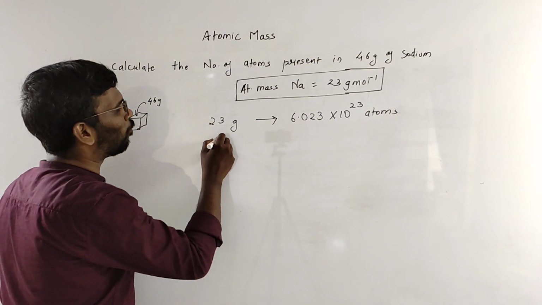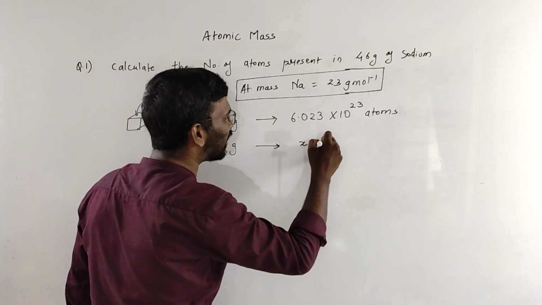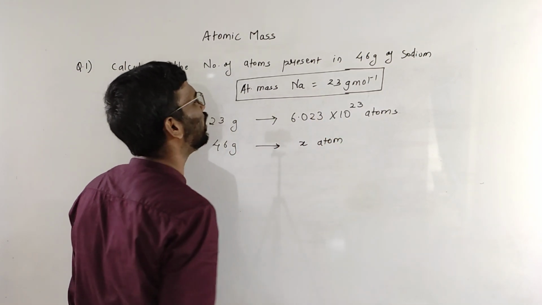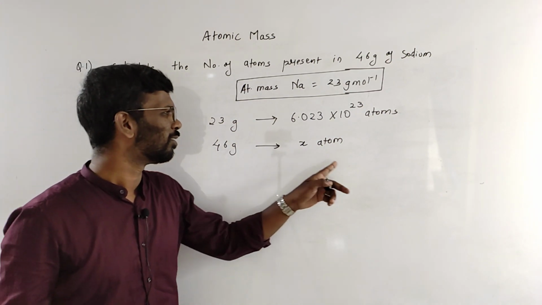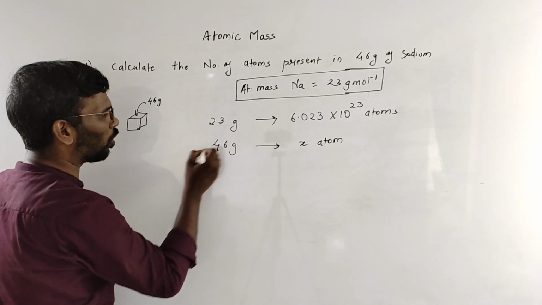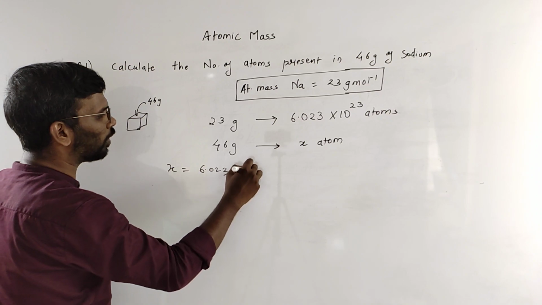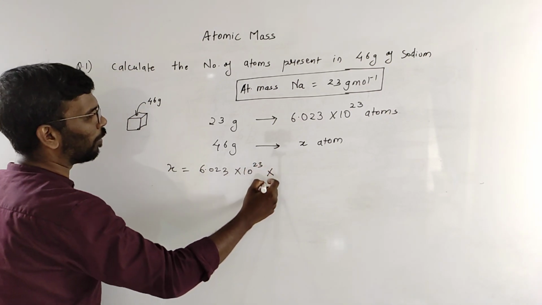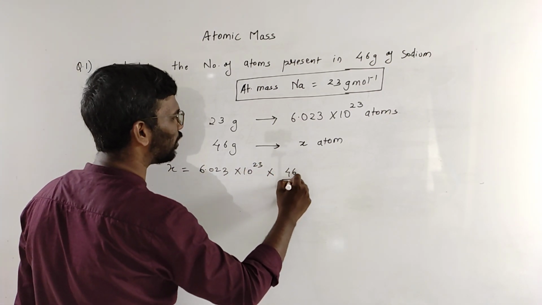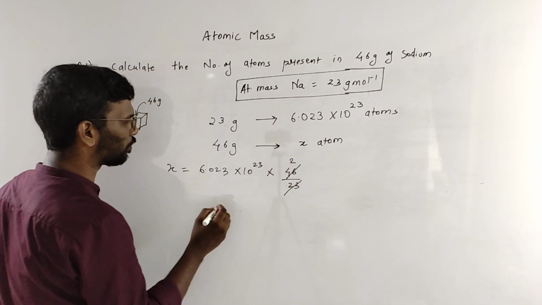Then 46 grams will have how many number of atoms? X atoms. I will put this. And who doesn't know the cross multiplication? Cross multiplication is simple. So if I do this cross multiplication, it will be 6.023 into 10 raised to power 23 multiplied by 46 divided by 23. So 23 goes 2 times.